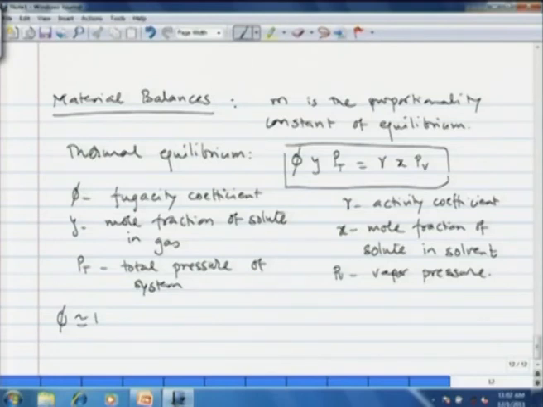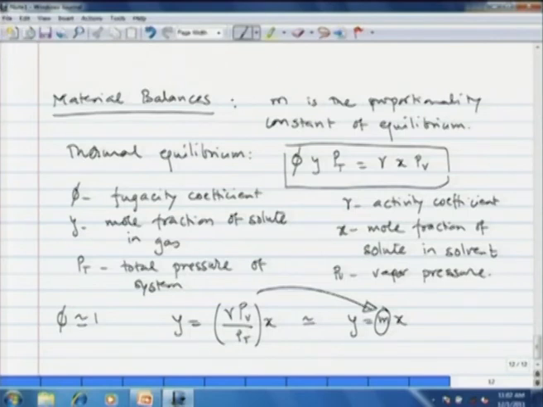Now, with this, the equilibrium relation becomes y is equal to gamma Pv by Pt into x, which is often given in the form y is equal to mx, and m is essentially this gamma Pv by Pt. Okay. Now, let us try to determine the value of m in the present case.